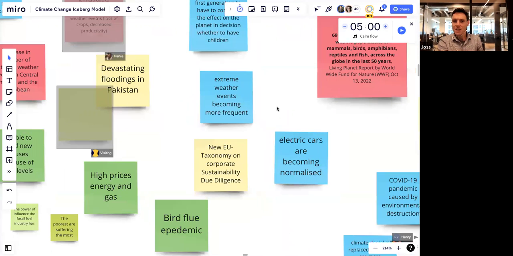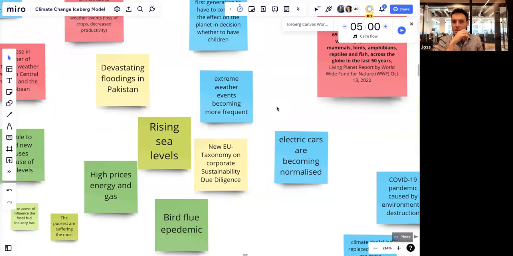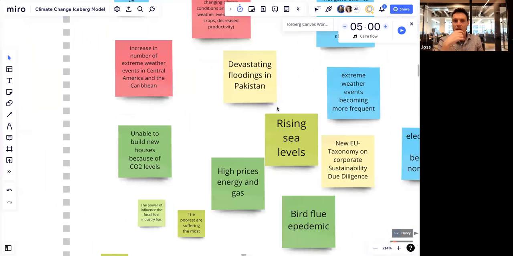New EU taxonomy on corporate sustainability due diligence. Rising sea levels. Bird flu pandemic. High prices, energy and gas. Electric cars are becoming normalized. Unable to build new houses because of CO2 levels.